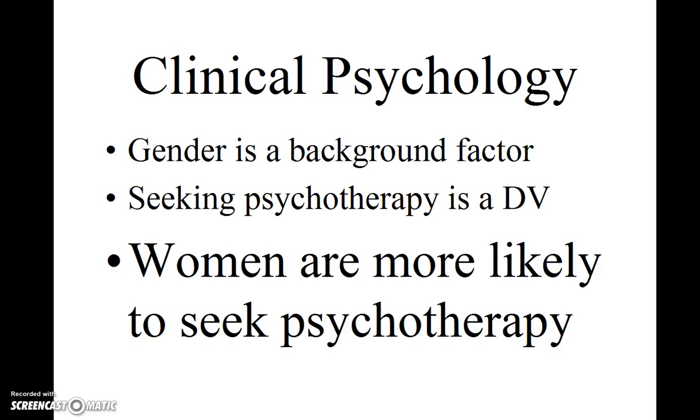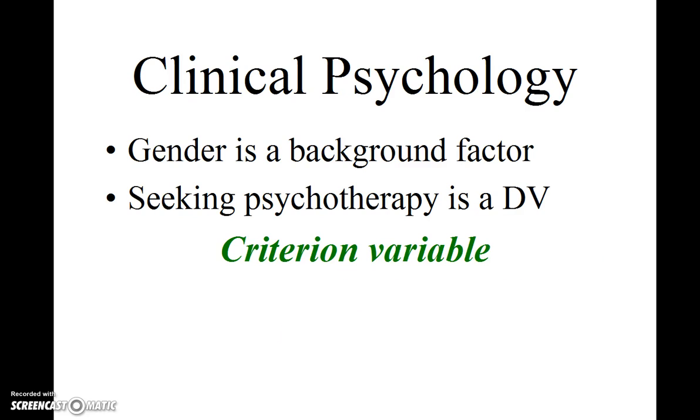Let's take an example from clinical psychology. Gender is a background factor. Seeking psychotherapy is a choice made by the subject. It is a dependent variable. We know that women are more likely to seek psychotherapy compared to men.